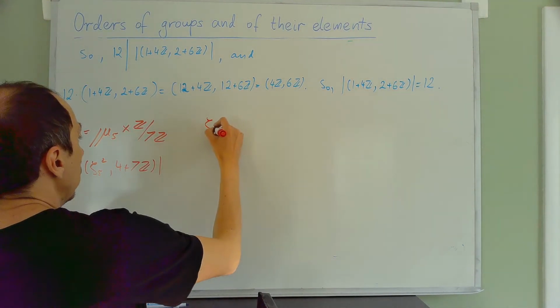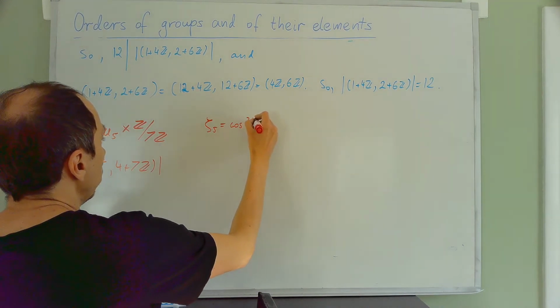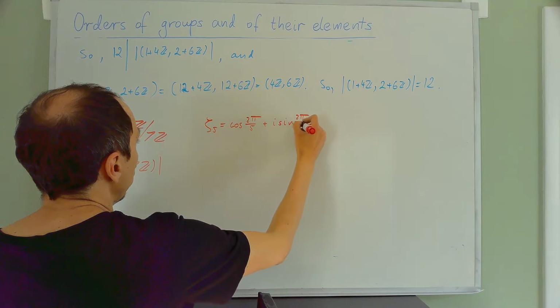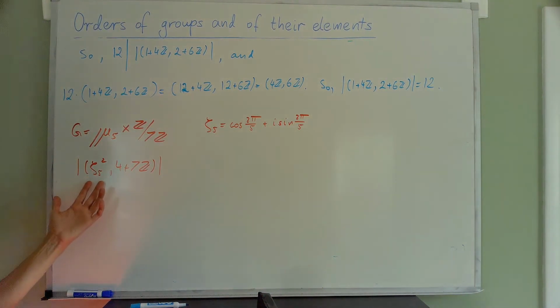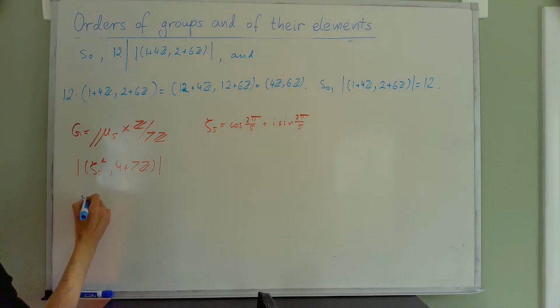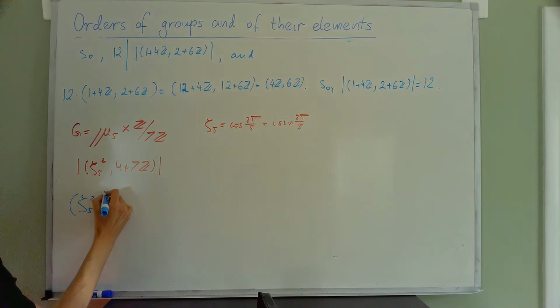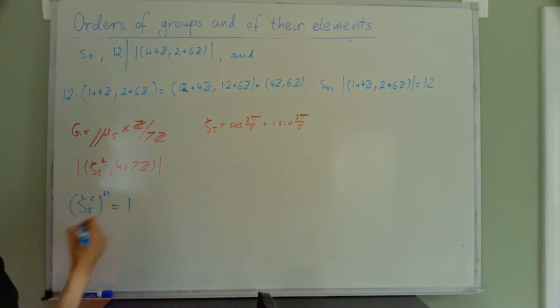So zeta 5 is cosine 2 pi over 5 plus i sine 2 pi over 5. So to what power do I need to raise zeta 5 squared to get to the identity, equal to 1?